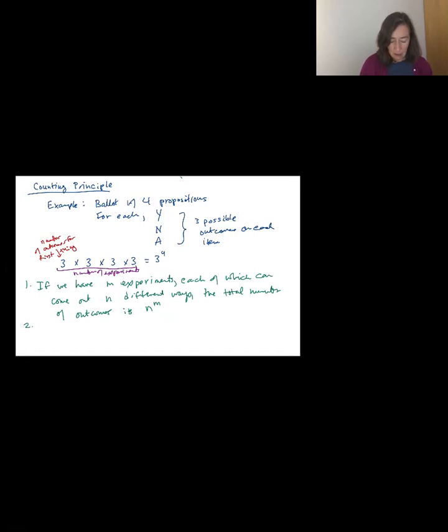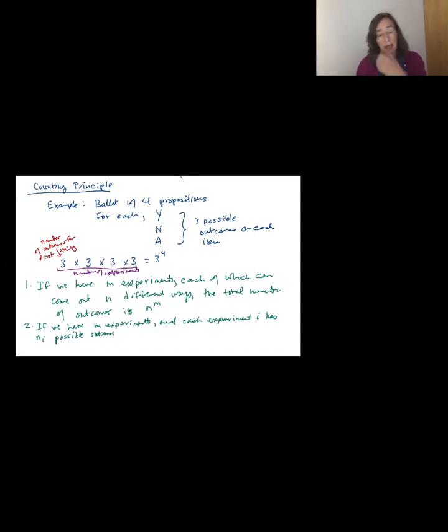If we have M experiments, so if we're thinking about a ballot, M things to vote on, and each experiment, let's have a variable to talk about which experiment, each experiment i has n sub i possible outcomes.